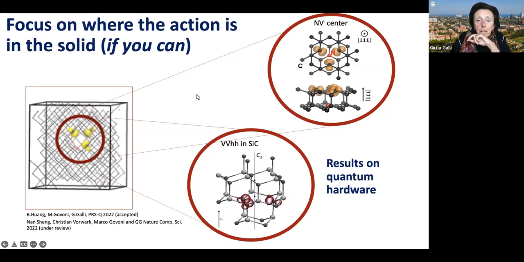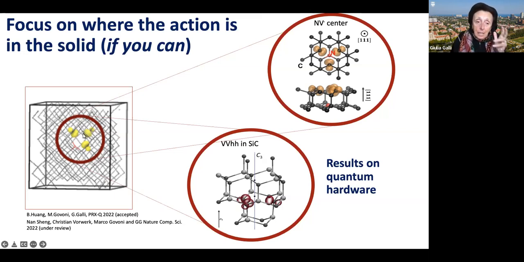And so, of course, if you want to focus on that, you need to be able to focus on that, but also to come up with a way of taking into account all the solid around the defects, right? And what I mean by if you can, is that you may be able to do this if electronically the action is really localized.